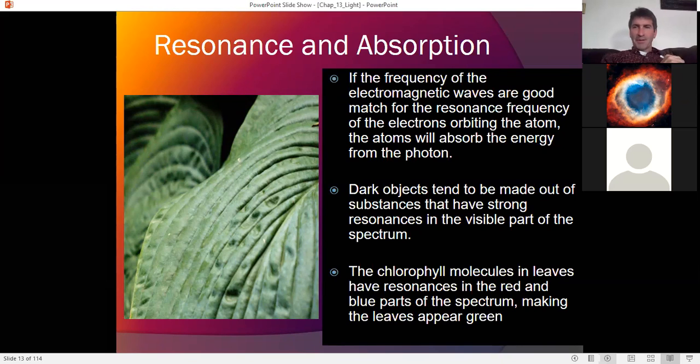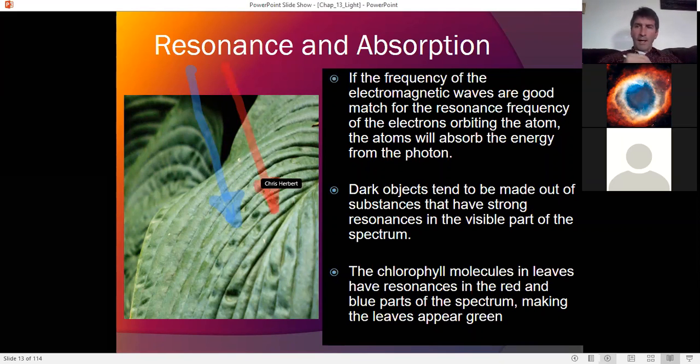So, nature's great at using the same thing over and over again. So naturally, chlorophyll, which is the pigment for photosynthesis, strongly absorbs blue light, okay? But it also has a comparable resonance where it will absorb red light.